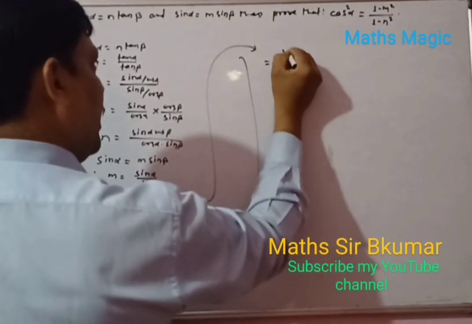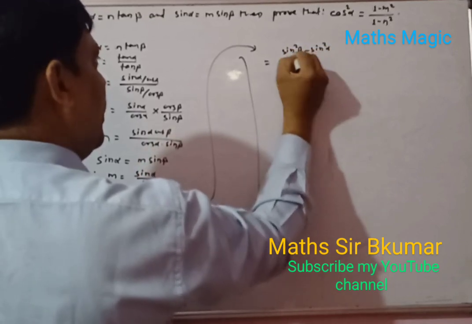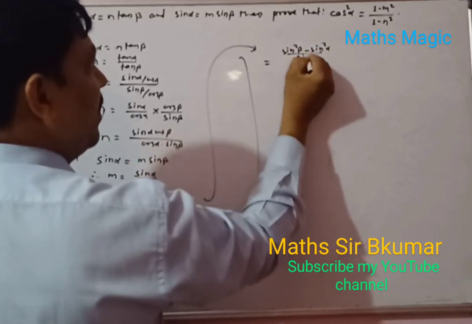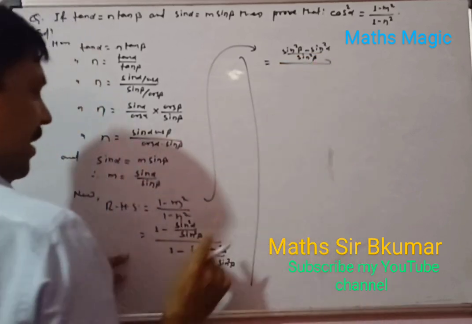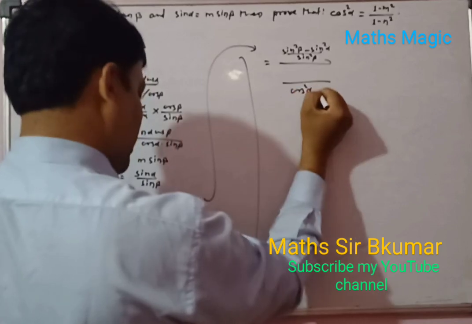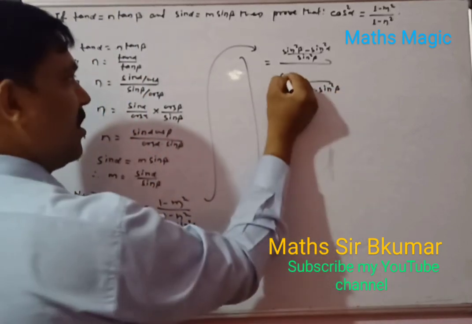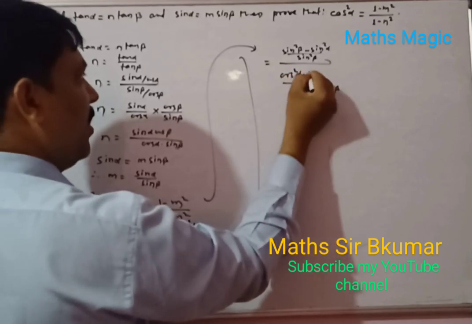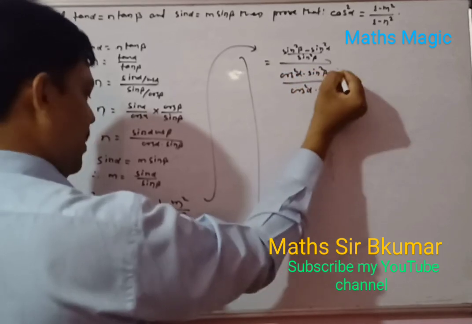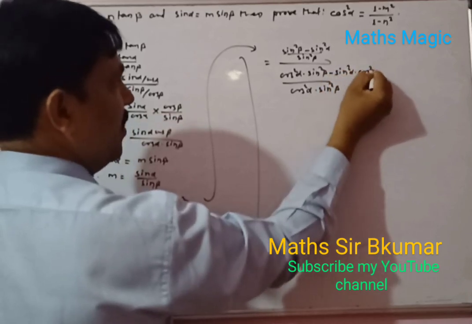Equal to sin square beta minus sin square alpha divided by sin square beta, then divided by, there is also the LCM of this. The LCM will be cos square alpha into sin square beta minus sin square alpha into cos square beta.